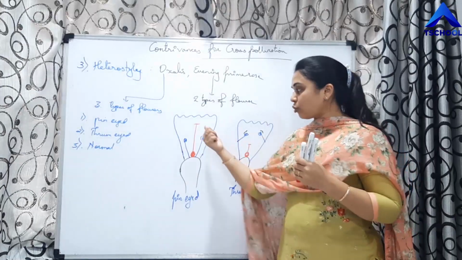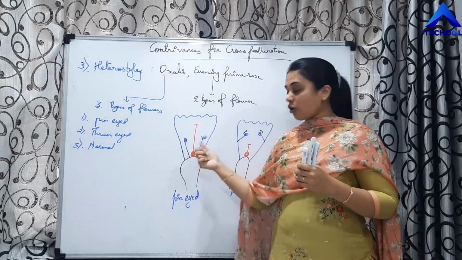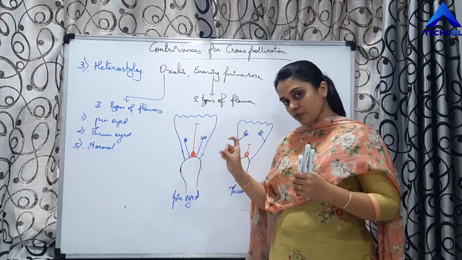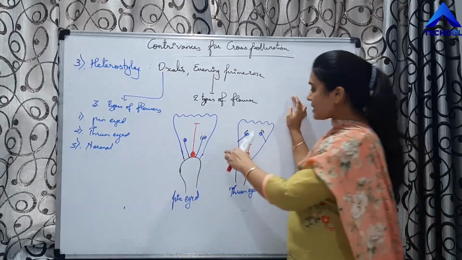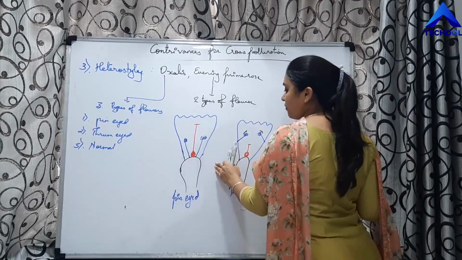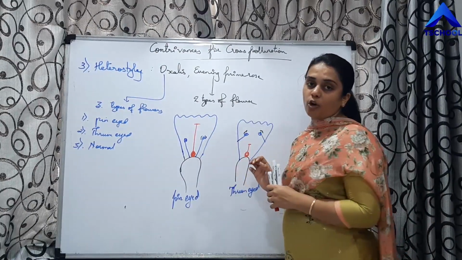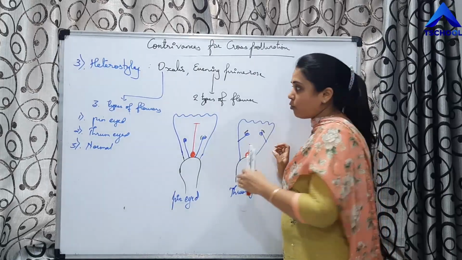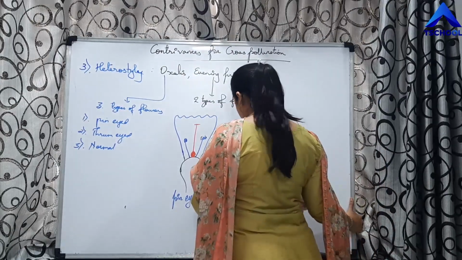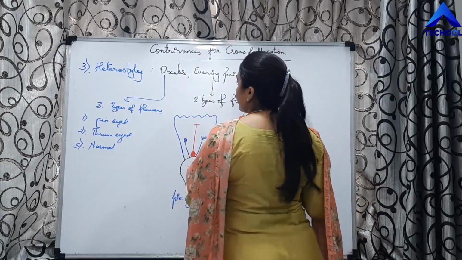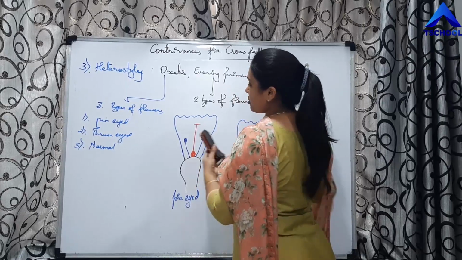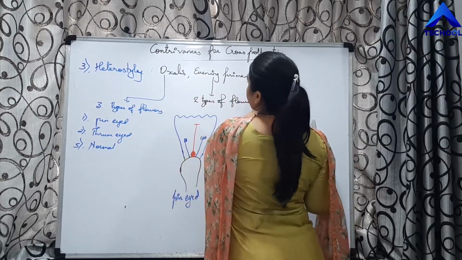Over here the style is of longer length and the filament is of shorter length. Over here the style is of shorter length and the filament is of longer length. It is much above, right? So this is the contrivance for cross-pollination, that is heterostyly.